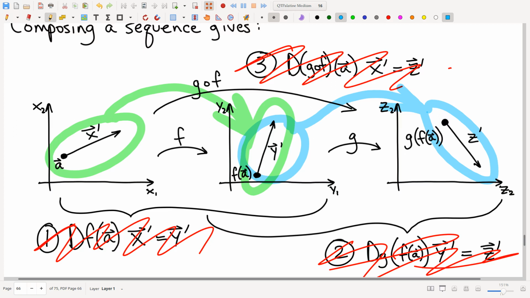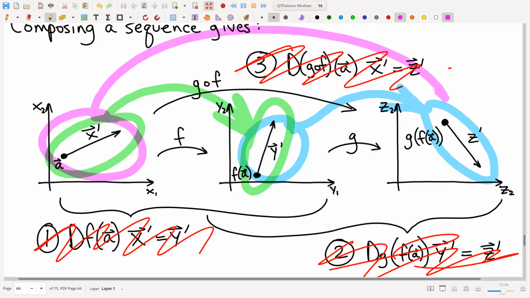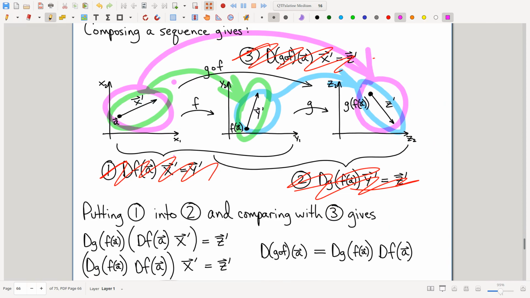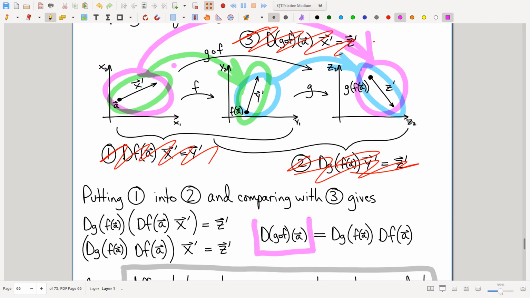Whatever this x prime is, multiplying by df, and then subsequently multiplying by dg, altogether we've multiplied by the product of those matrices. And so altogether, the factor that you multiply by x prime to get z prime, the derivative of the composition, is the product of the individual derivatives df and dg.